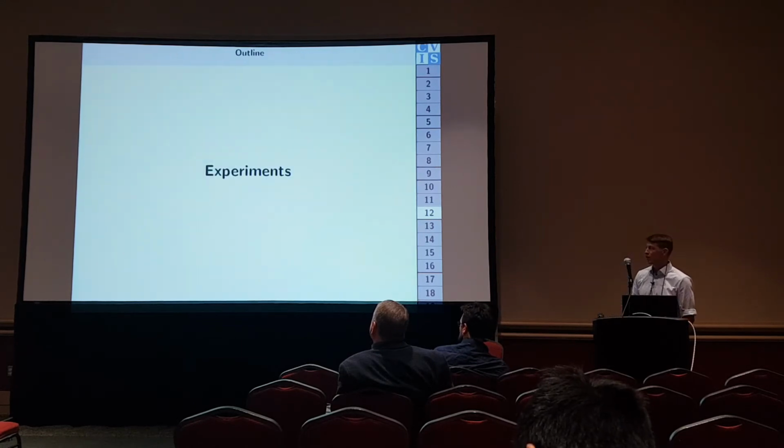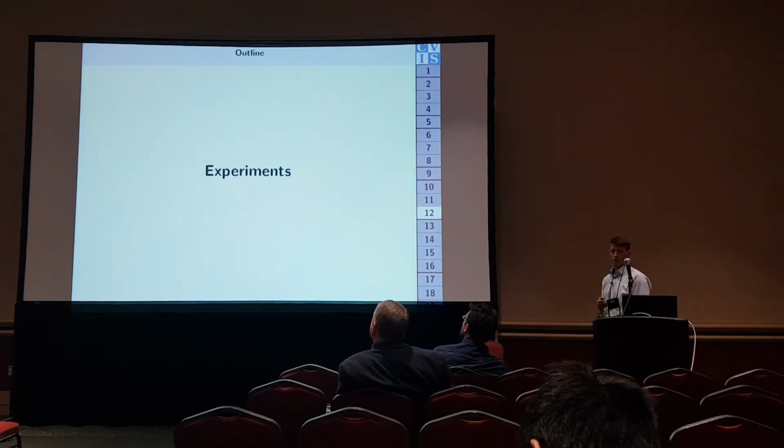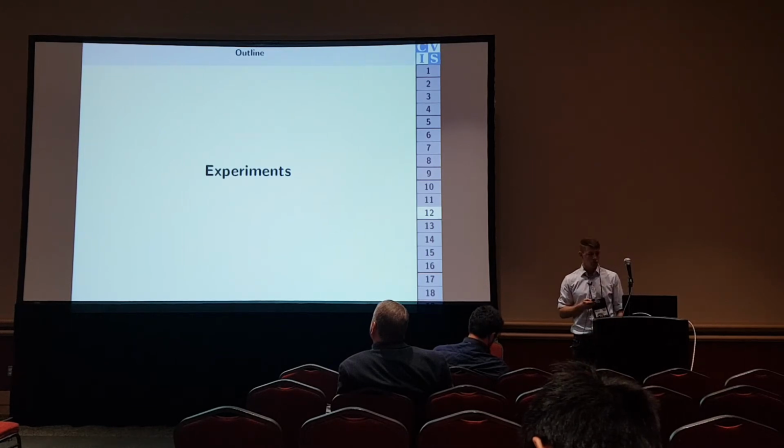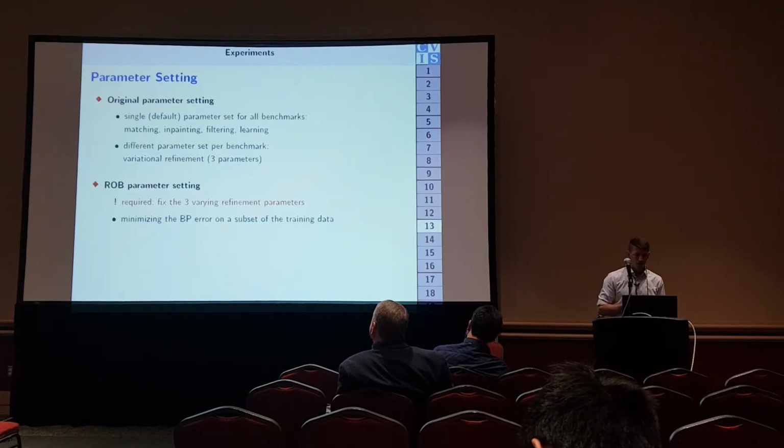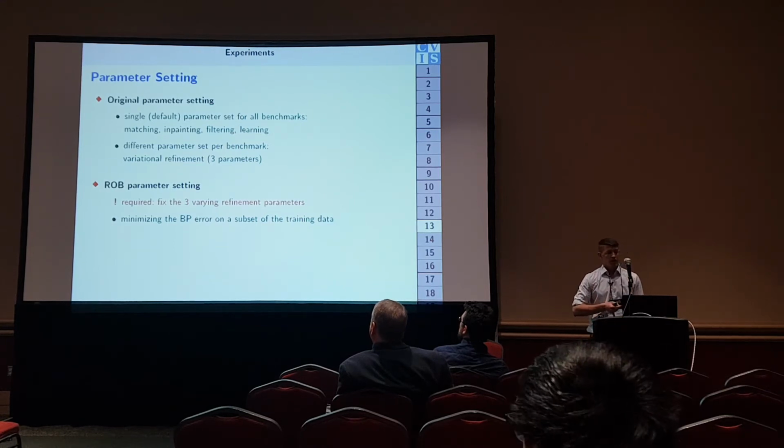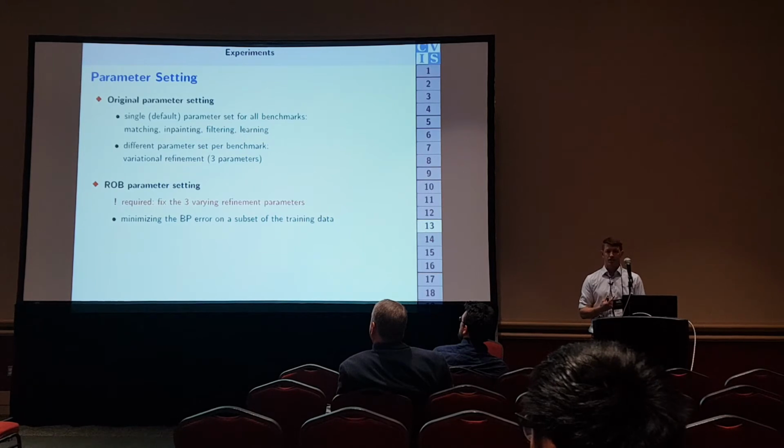So after we've now seen all the individual components of our pipeline, I would like to show you some results. But first, I give you some brief details on the parameter setting. In the original parameter setting, we already had a single default parameter set for all the benchmarks in case of the matching step, the inpainting step, the filtering step, and the learning procedure.